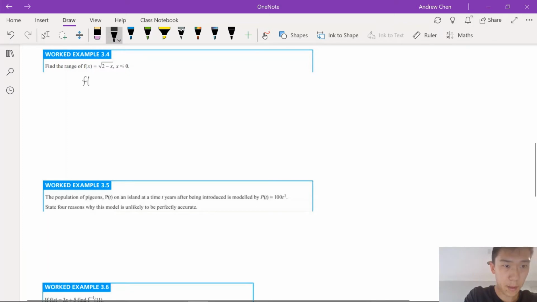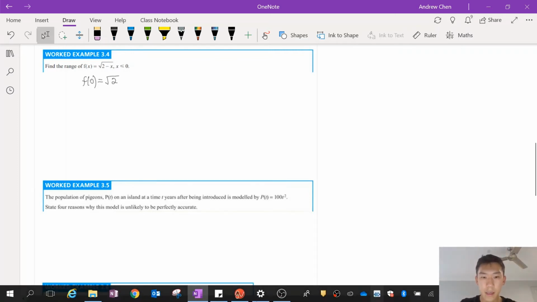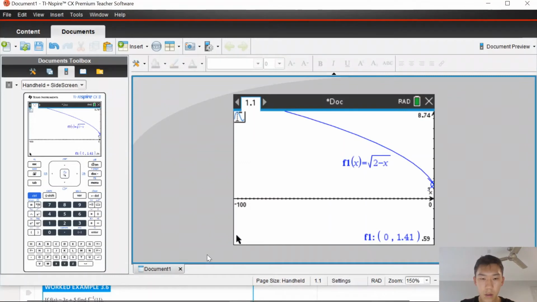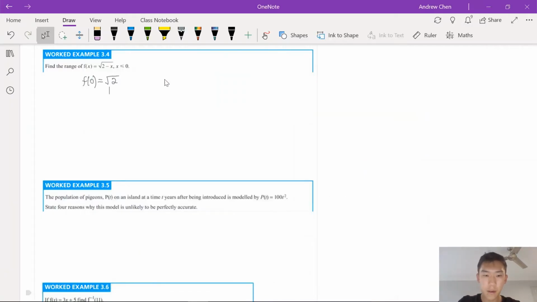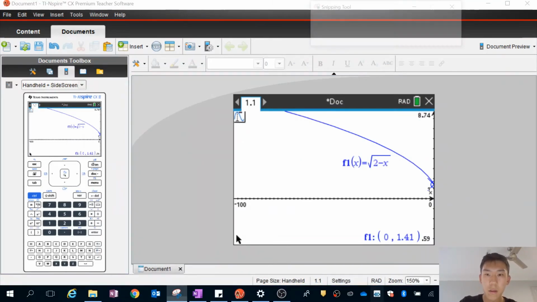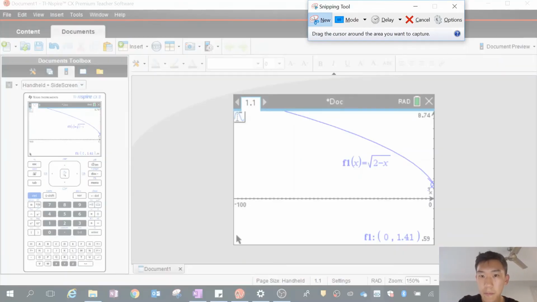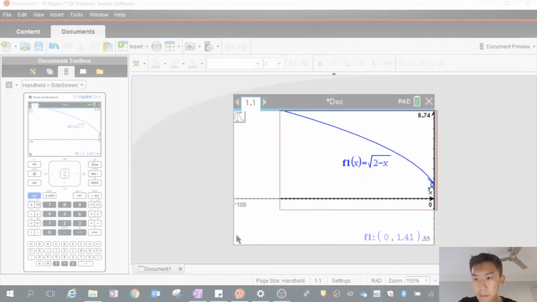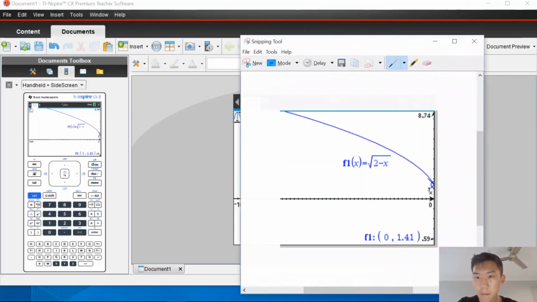So when x equals 0, we have square root of 2, our function, and then I'm going to copy this graph in to give you a visual aid.